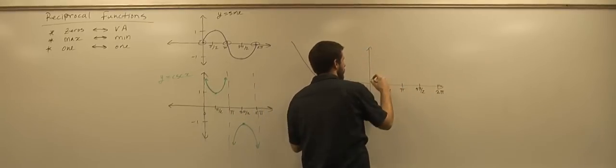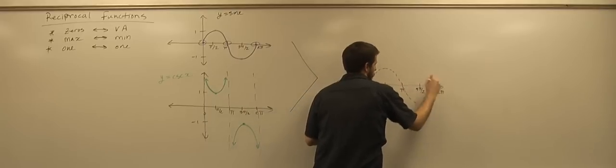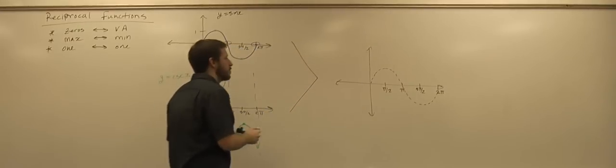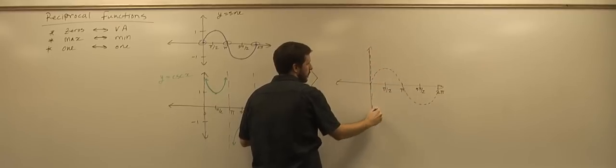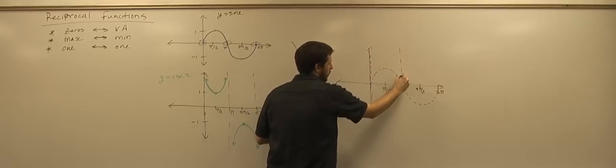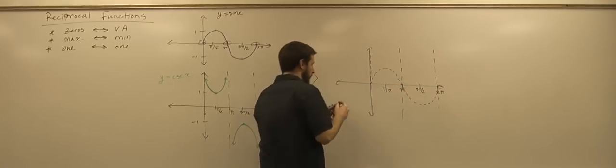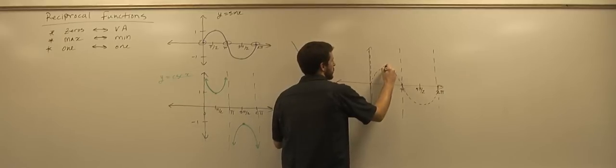Right, so I could graph sine of x maybe like this. And then on that very same graph, I could graph cosecant by first putting a vertical asymptote everywhere I have a 0. And then taking this max and turning it upward, so it becomes a min.